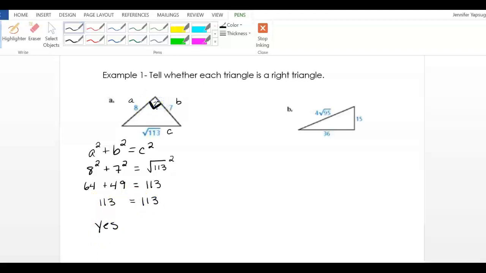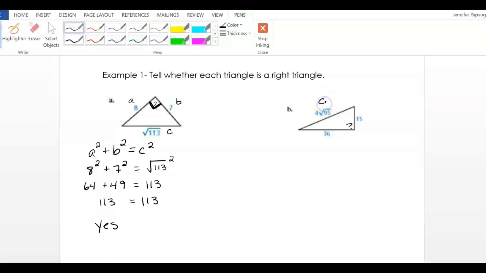All right, so go ahead and pause the video and see if you can figure out if that second example is a right triangle. Okay, so we are trying to determine whether this angle here is a right angle. So again, the hypotenuse is across from my right angle or supposed right angle.